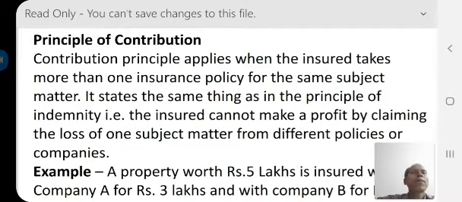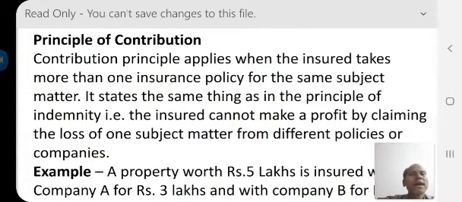Contribution principle applies when the insured takes more than one insurance policy for the same subject matter. This principle applies to the insured when the insured takes more than one insurance policy for the same subject matter.